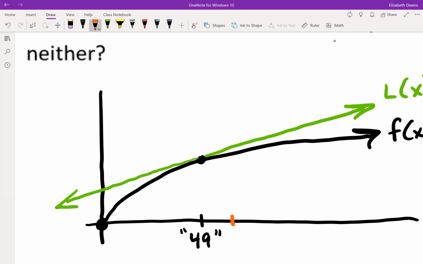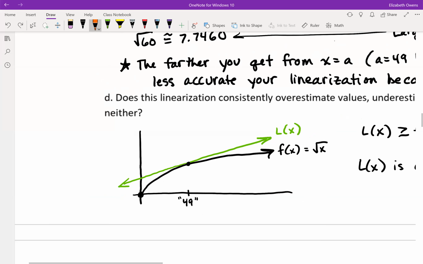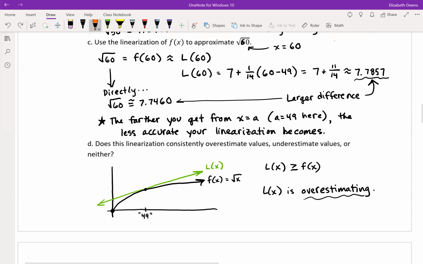And you can see that there, the f of x and L of x values are significantly farther apart. So the approximation really is not quite as good there. So that just clarifies again why the approximation doesn't stay as good the further away you get. So yeah, L of x is overestimating, and that is why. So there's our first linearization.